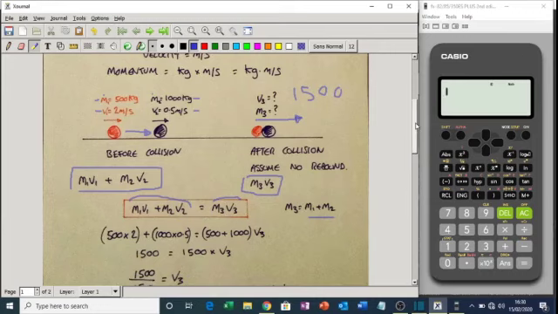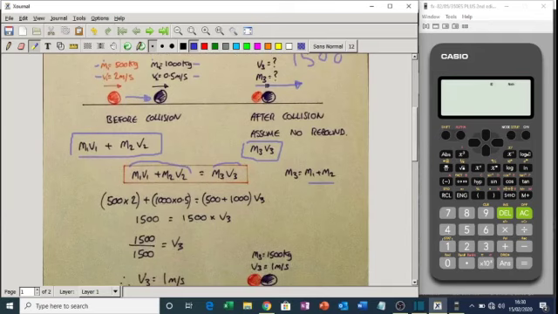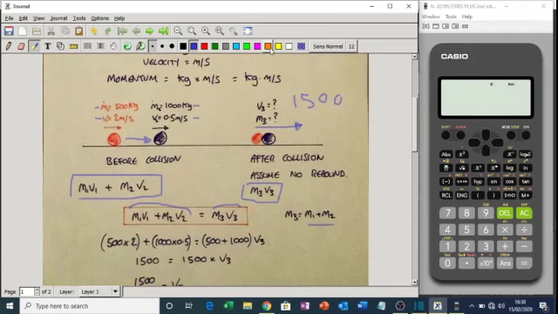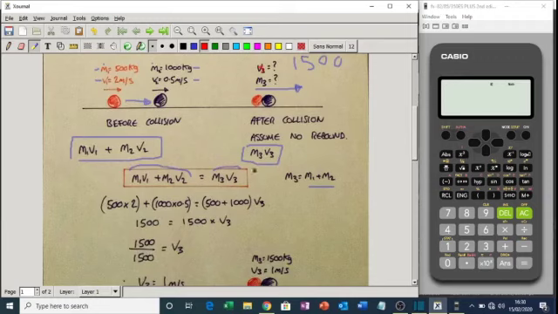Now it's a case of putting the numbers in, because we want to find what v3 is. We need to find its velocity after collision. So m1v1 plus m2v2, m1 is 500, v1 is 2, plus m2 is 1,000, and v2 is 0.5. That's got to equal m3, which we know is 1500, because it's 1000 plus 500, and v3.